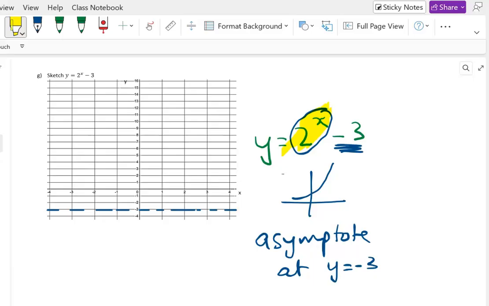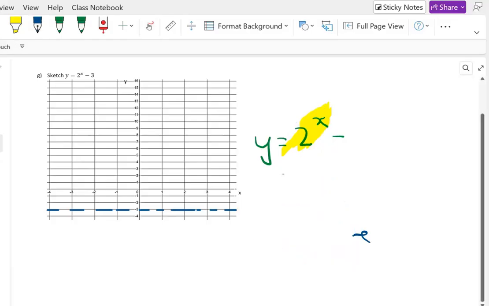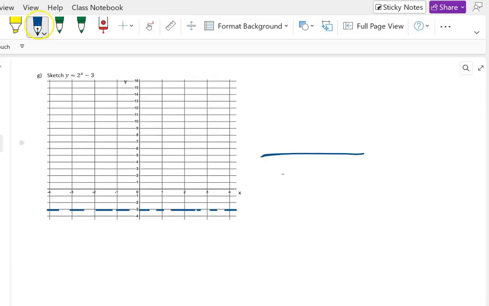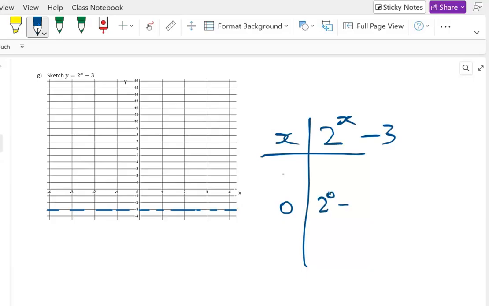From here, it probably is a good idea to do a table of values to get the other points, even though lots of you will know the basic pattern, because 2 to the x is the most basic of all the exponentials. So here's x, and here's 2 to the power of x, take away 3. Let's start with 0. 2 to the power of 0 is 1, take away 3.